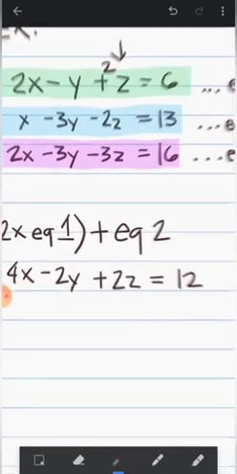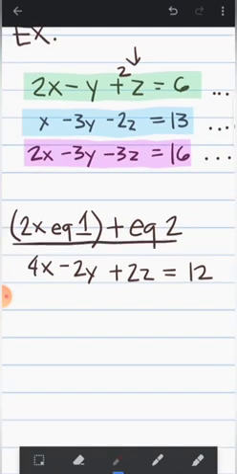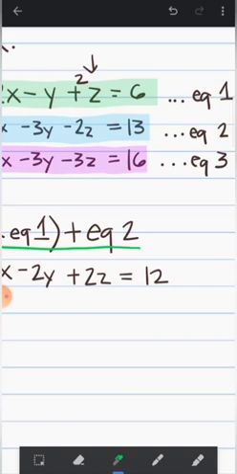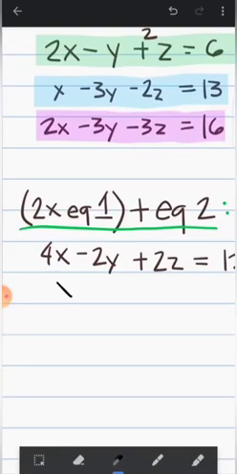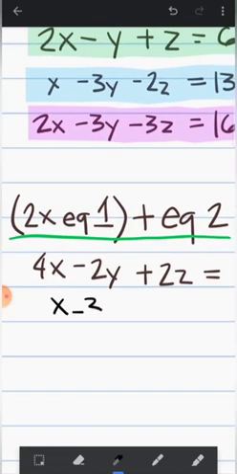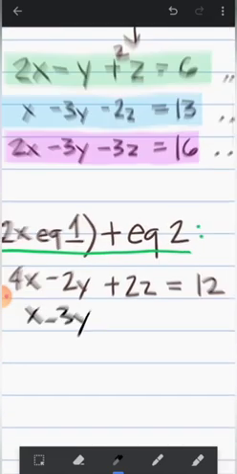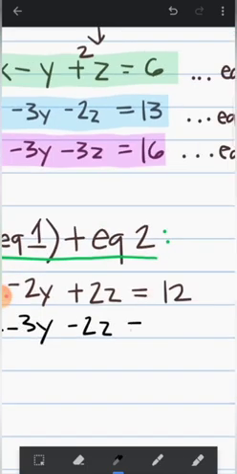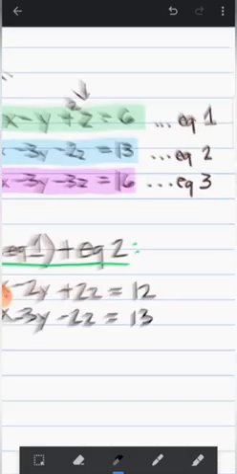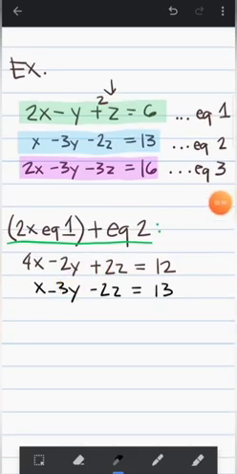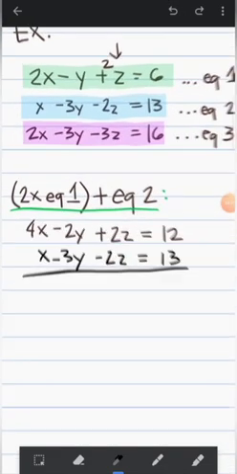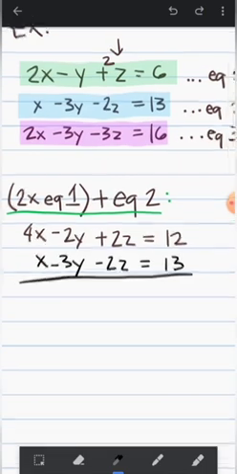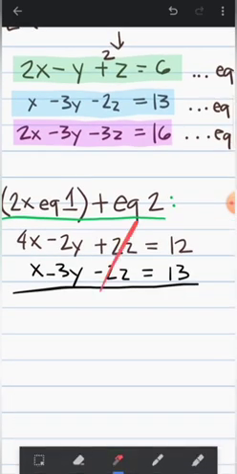And then, based on this direction, we will add equation 2. So what is equation 2? Equation 2 is x minus 3y and then minus 2z, equal to 13. So now that we have the same coefficient but different signs, we can cancel out the 2z.